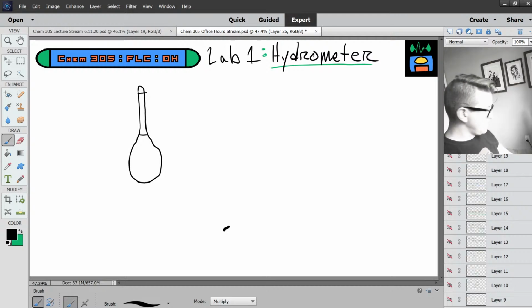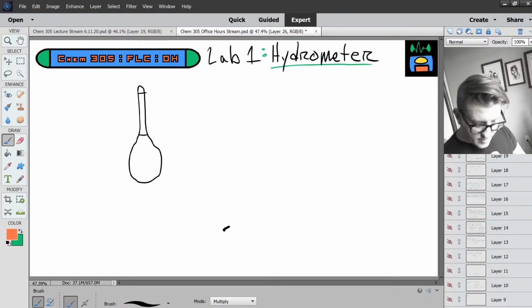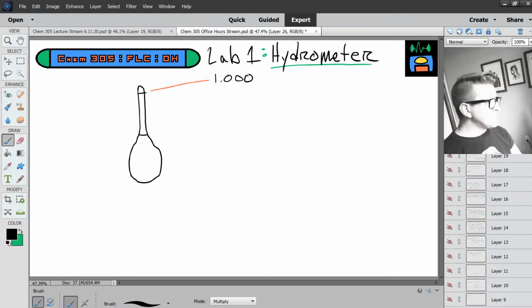Yeah, so we would expect that urine. So right here at the top of the hydrometer we've got 1.000, right? And this is a unitless quantity.